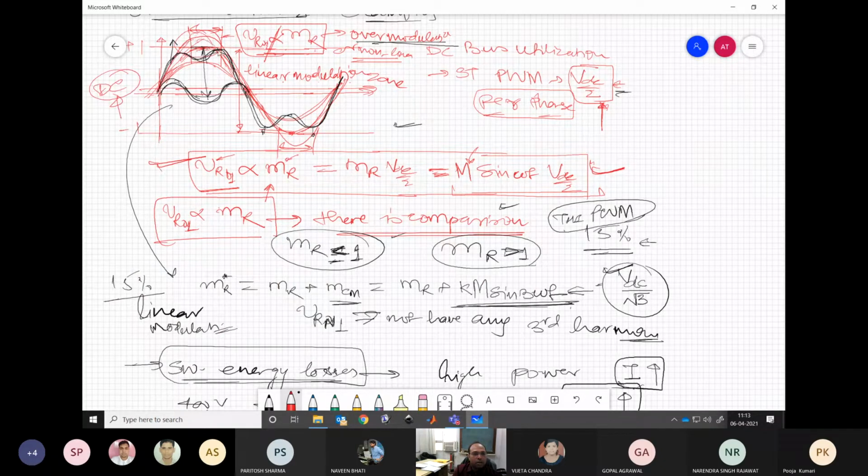So our modulation signal must cross this limit to maintain the same fundamental. But once we cross this limit, we are also losing linearity.